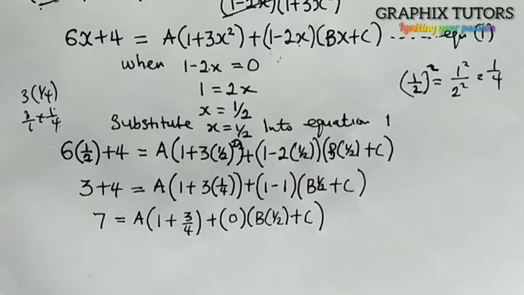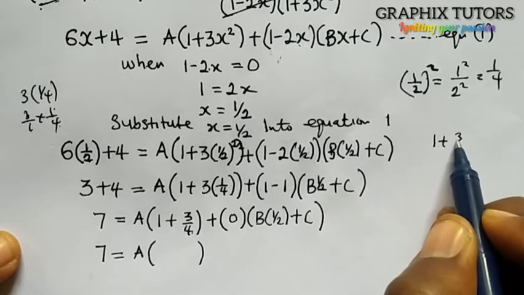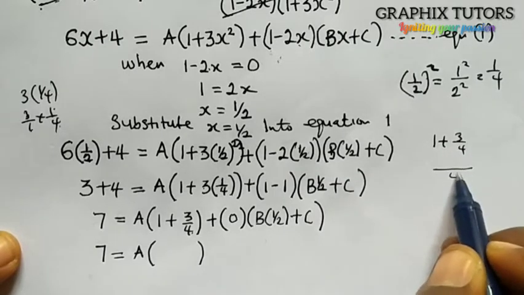Now the way it is, this is my 7 equals a open bracket, if you look at this, 1 plus 3 over 4. Let's just do it here and see. We have 1 plus 3 over 4. The LCM is 4, right?